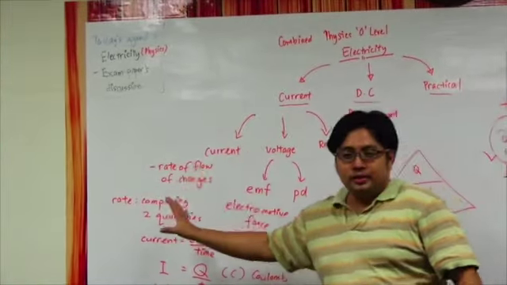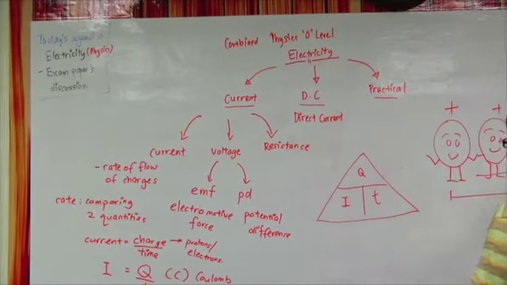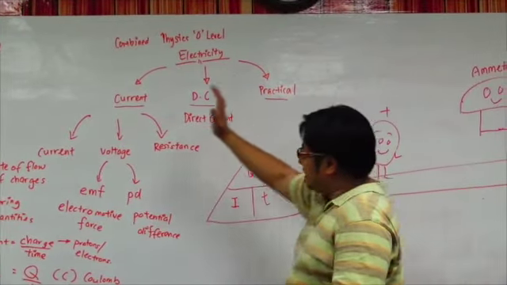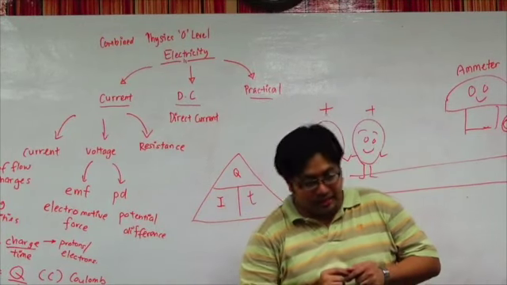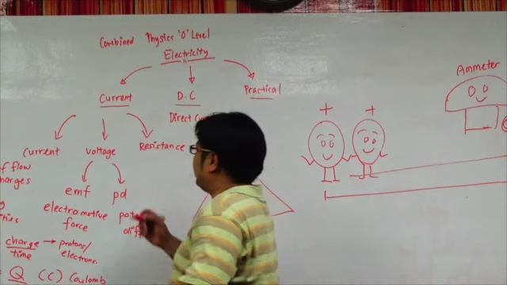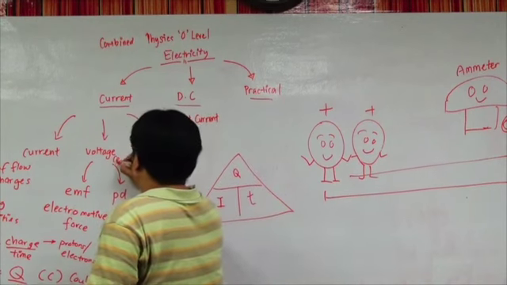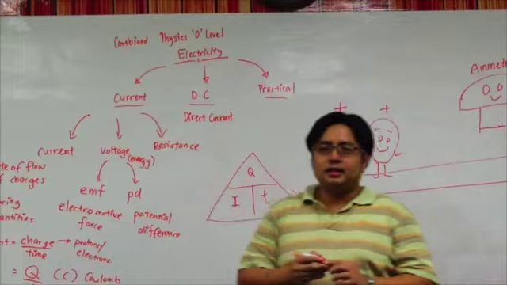So far, so good? So I talked about current already, and that we use an ammeter to measure it. Now let's take a look at this part called voltage. So what is voltage? It's a very big word. But if I were to change this word voltage to energy, is it easier to understand?